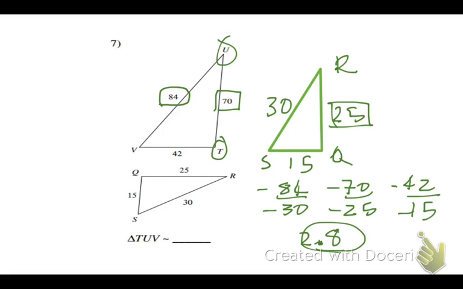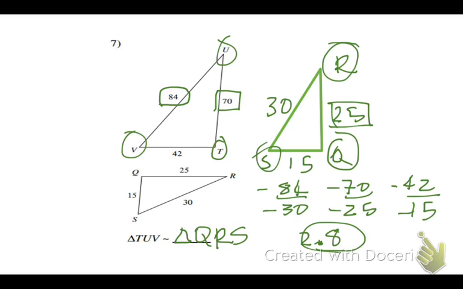T, U, V, and in the same order, Q, R, S. So triangle QRS is similar, and the reason they're similar is by side, side, side. So those two triangles definitely are similar.